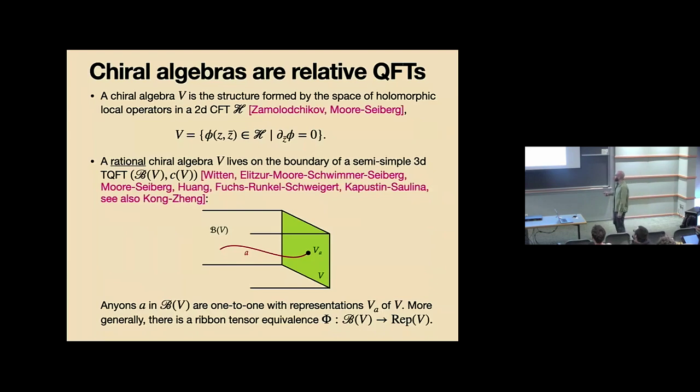And physically, the reason the bulk TQFT is to be identified with the representation category is that given a bulk topological line operator, you can associate a representation of the chiral algebra, which is simply the Hilbert space of local operators on the boundary on which this anyon can end.